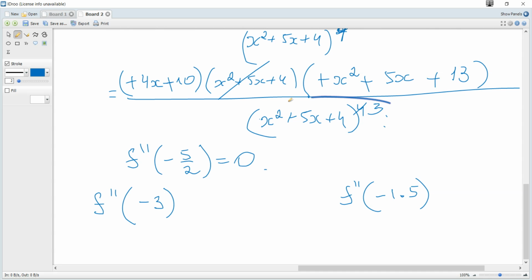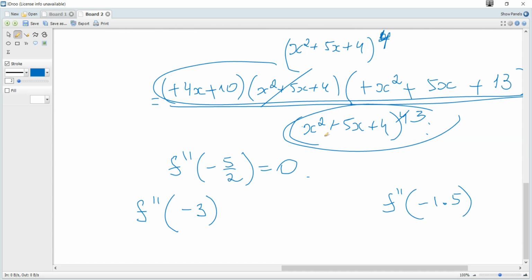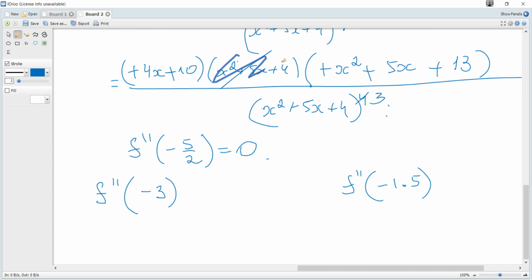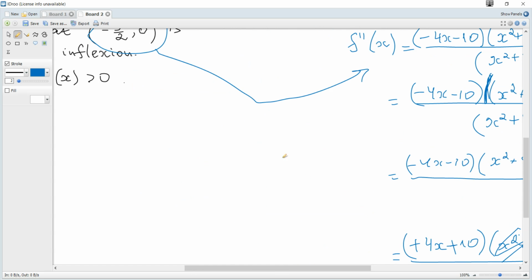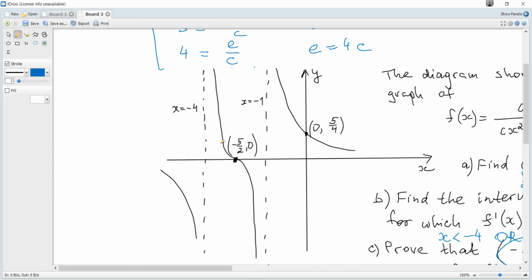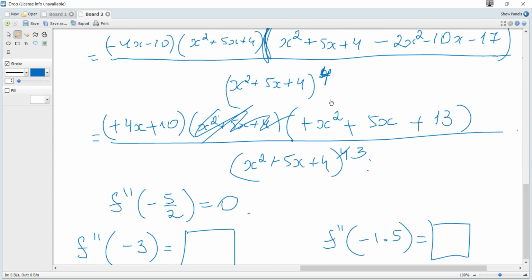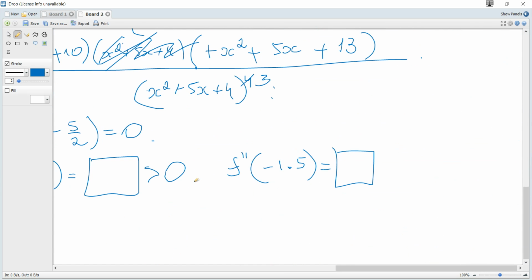Because to the power of 4 is always positive, so it doesn't influence the sign. So you may consider only this, or use a calculator. Using a calculator, you can find the value of the second derivative at the point to the left, and I can see from a graph that it must be to the left. You can see it's concave up, to the right concave down, so this value must be positive and this must be negative.